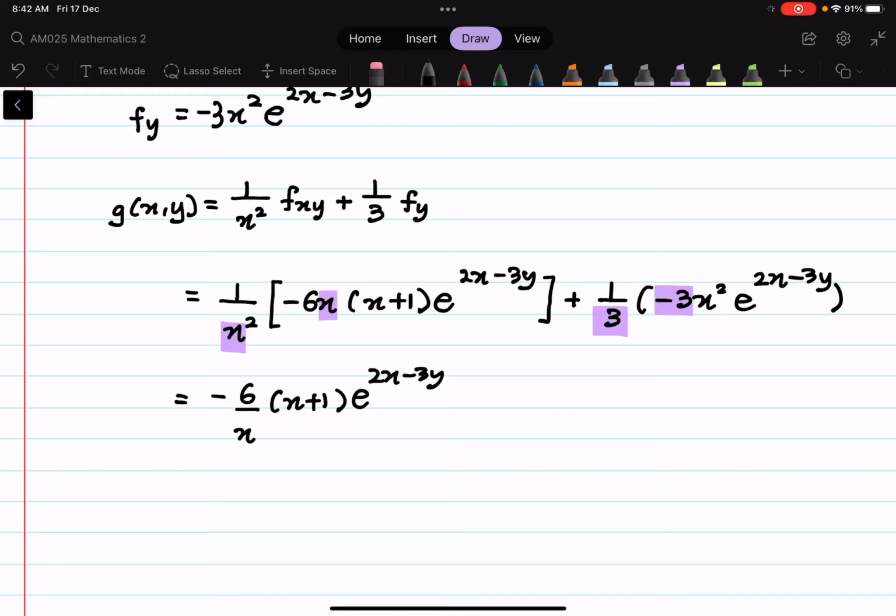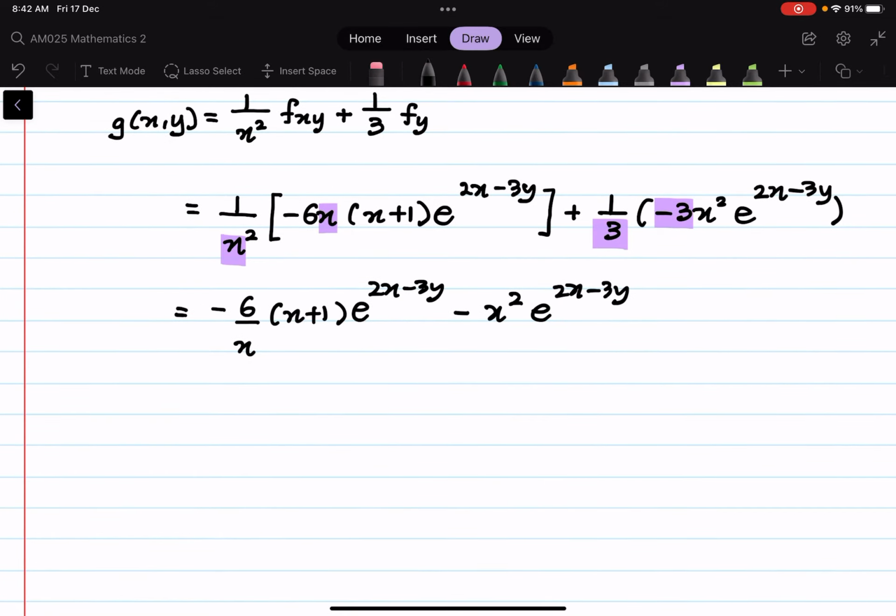We're going to get negative x squared e^(2x - 3y). So what else can we do here is we can factorize e^(2x - 3y) times negative 6(x + 1) divided by x, minus x squared.